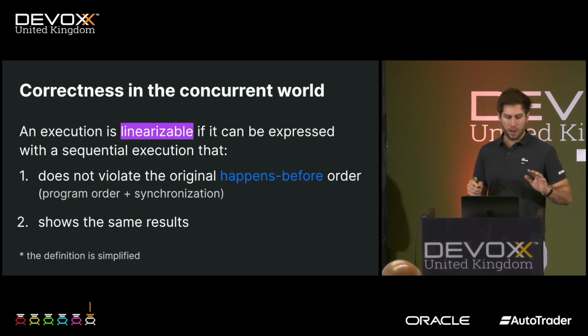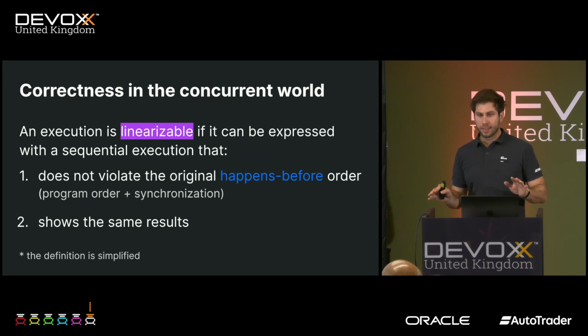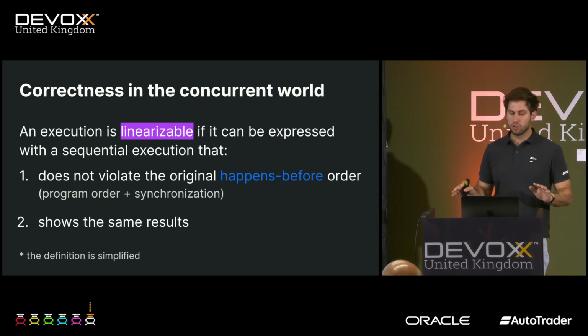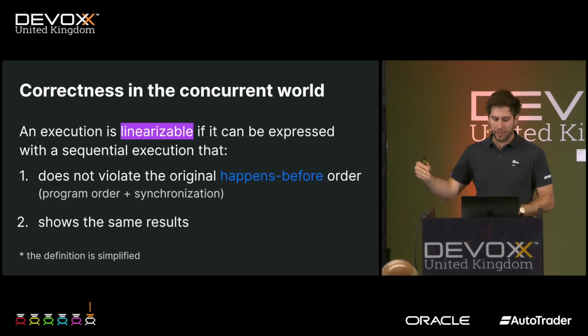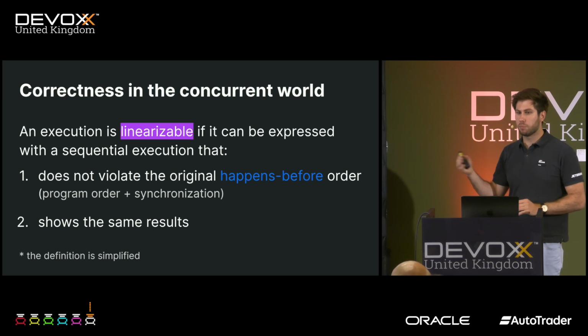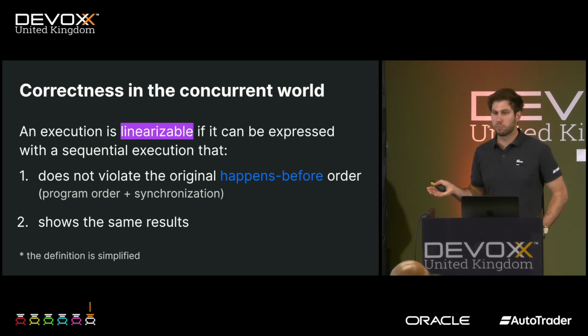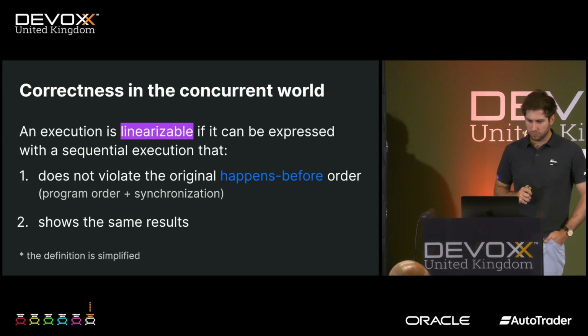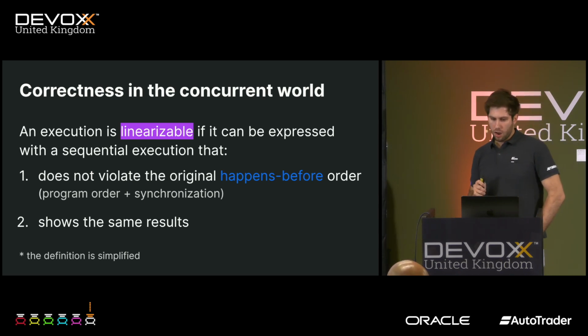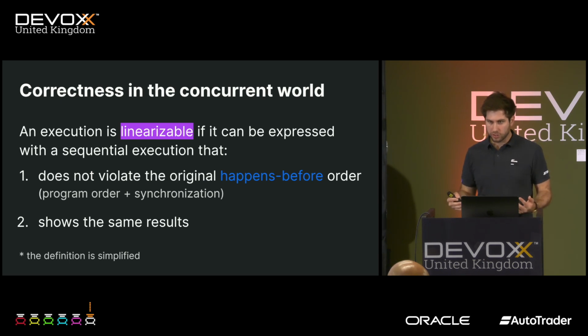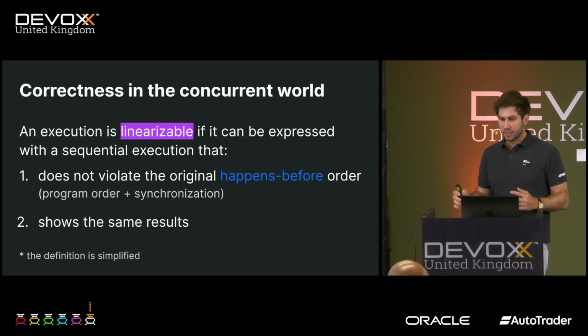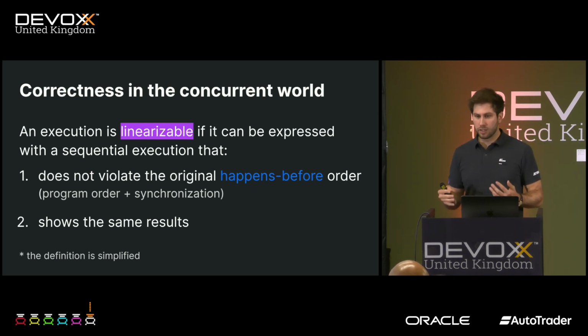In short, we call an execution linearizable if we can express it with a sequential execution that doesn't violate the happens before order between these operations, so it doesn't violate the program order and the synchronization between threads, and shows the same results. When we can show that all the possible executions are linearizable, then we say that the data structure itself is linearizable.